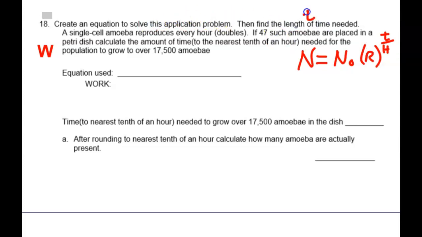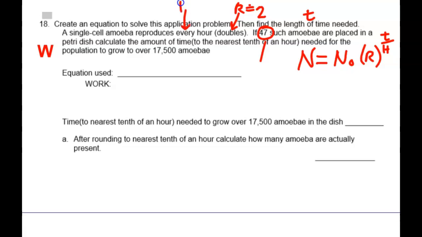Find the length of time T needed if for a single cell amoeba reproduces every hour, it doubles. That's the rate of 2. If 47 are placed in a dish, it doubles every hour. Oh, that's sweet.